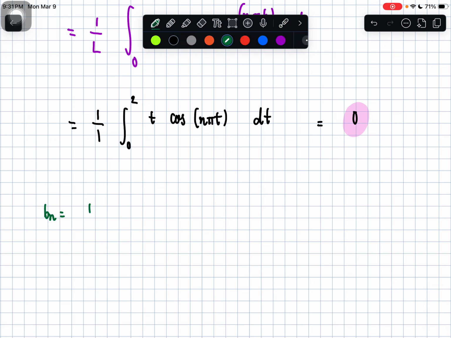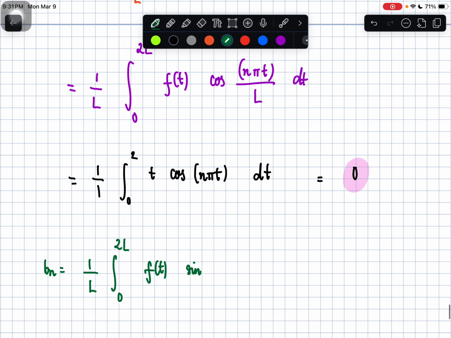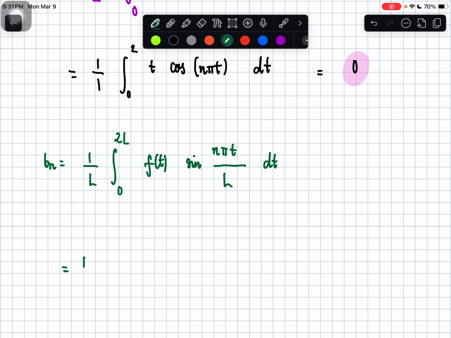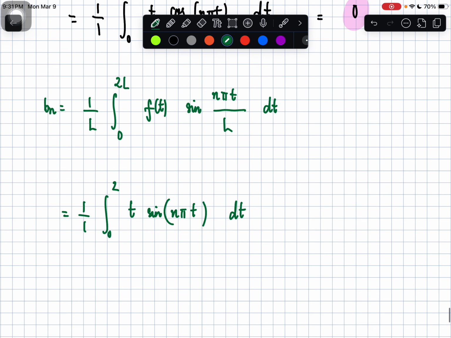Now we compute bn. bn is 1 over l times the integral from 0 to 2l of f(t) sine(n pi t over l) dt, which is 1 over 1, the integral from 0 to 2 of t sine(n pi t) dt. You do the computation by integration by parts.